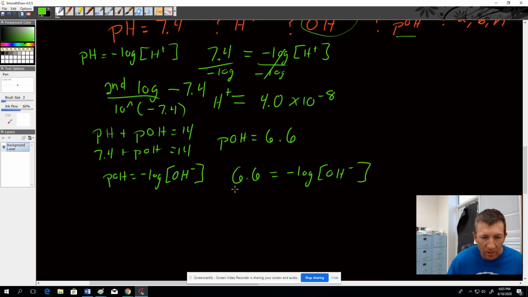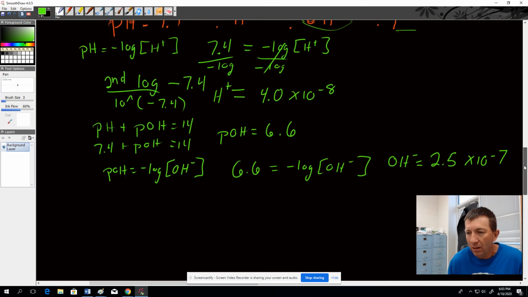To do this, we're not really going to divide; we just go second function log on the calculator and enter negative 6.6. When we do that, we get the OH minus concentration equals 2.5 times 10 to the negative 7th.